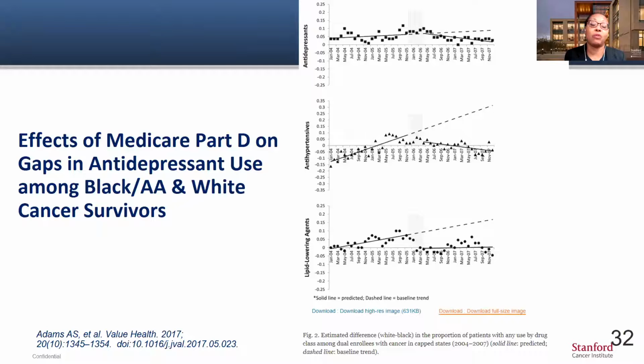And what was really notable for us is when we looked at differences by race and ethnicity, we saw growing trends in terms of increasing disparities in the use of these medications, which is represented by the lines you see on the right-hand side.